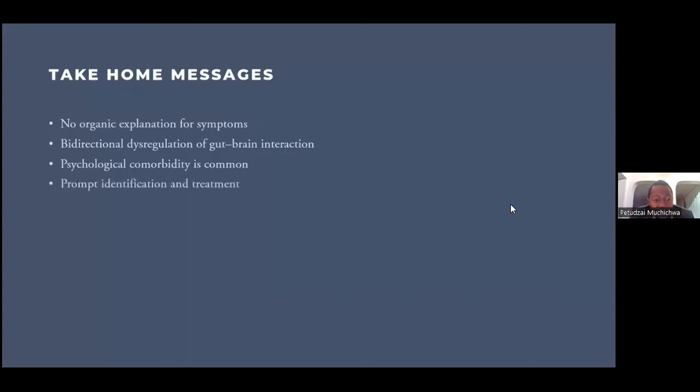Take-home message: in these disorders, there is really no organic explanation for symptoms that can be elucidated, and there's bidirectional dysregulation of gut and brain interaction. Psychological comorbidities are common. Prompt identification and treatment is required.